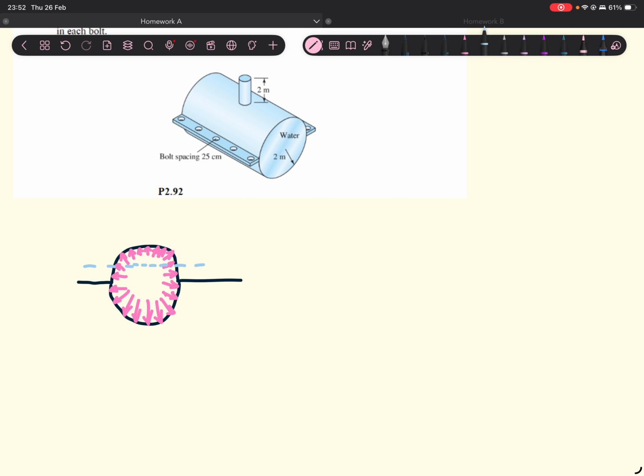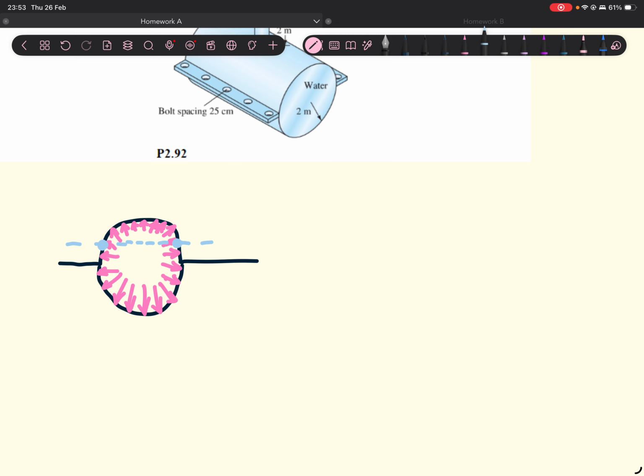So the pressure at this point over here and the pressure at this point over here would be exactly the same in the horizontal direction, but because pressure acts normally to the surface, if you were to sum the forces caused by that pressure, you would have a net vertical force.